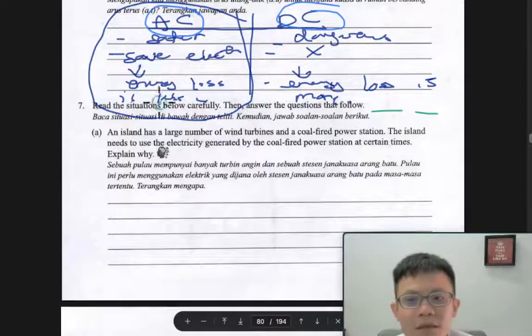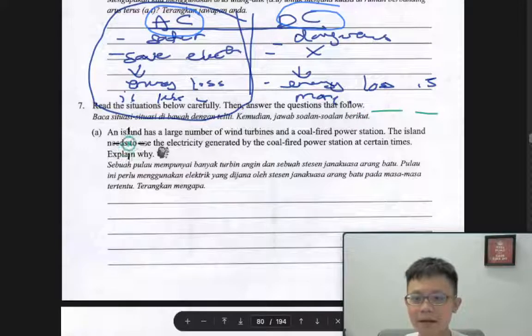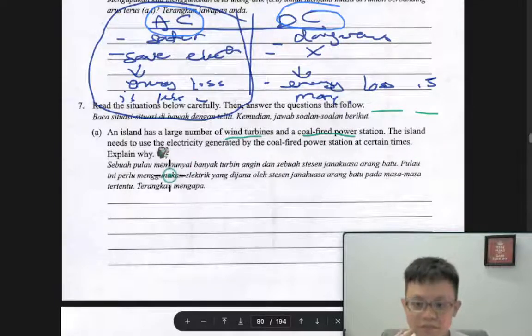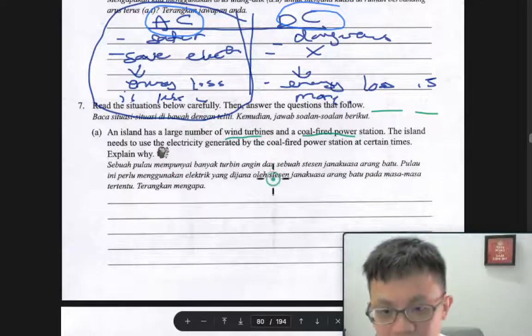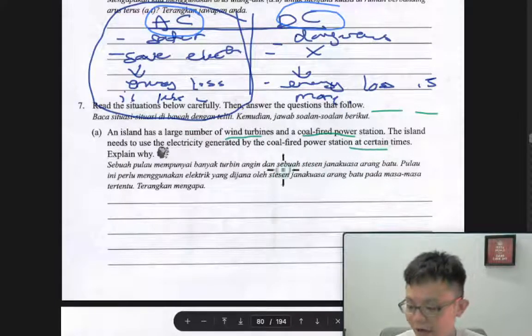Up to you. Okay, read the situation below carefully, then answer the question. An island has a large number of wind turbines and a coal-fired power station. The island needed to use the electricity generated by the coal power station at certain times. Why? Do you understand the question or not?